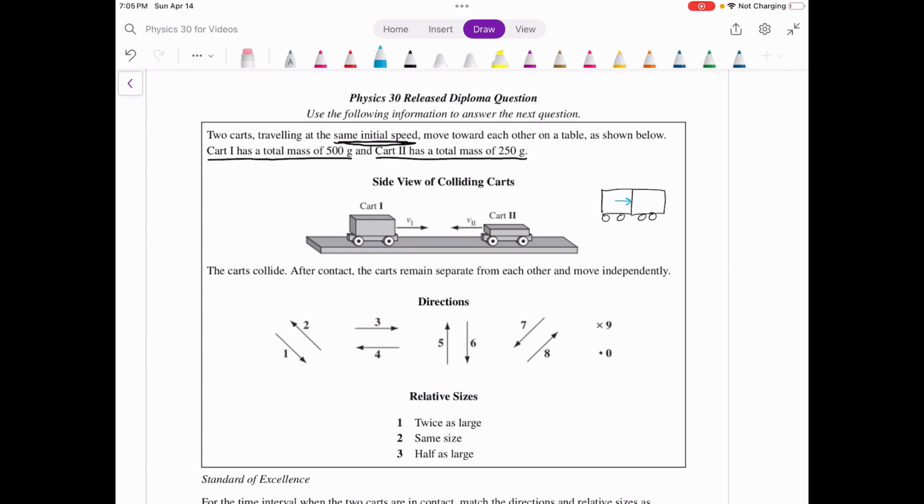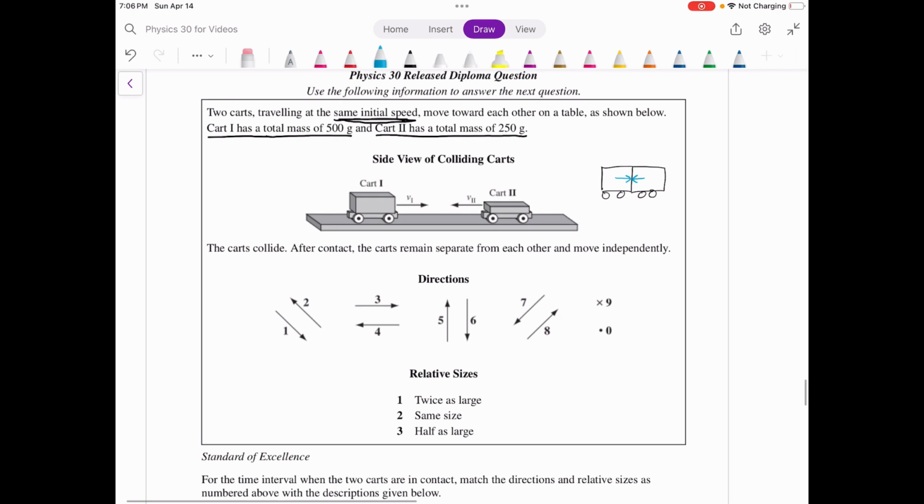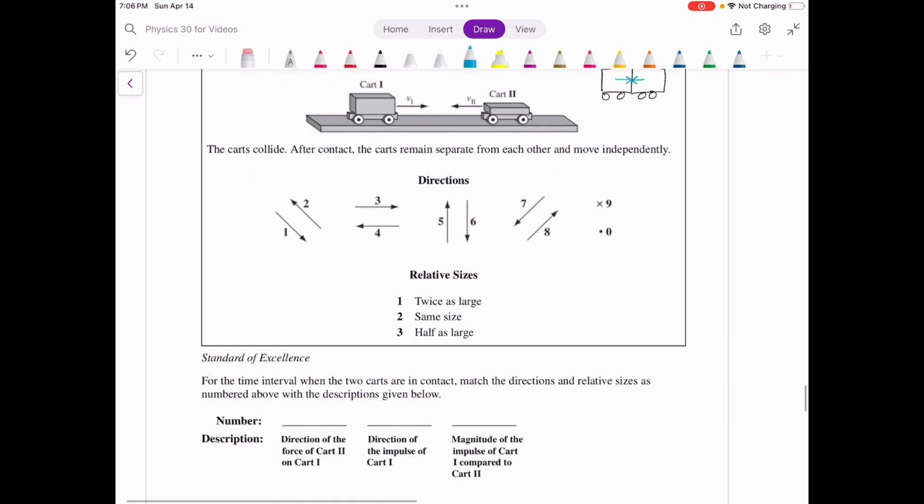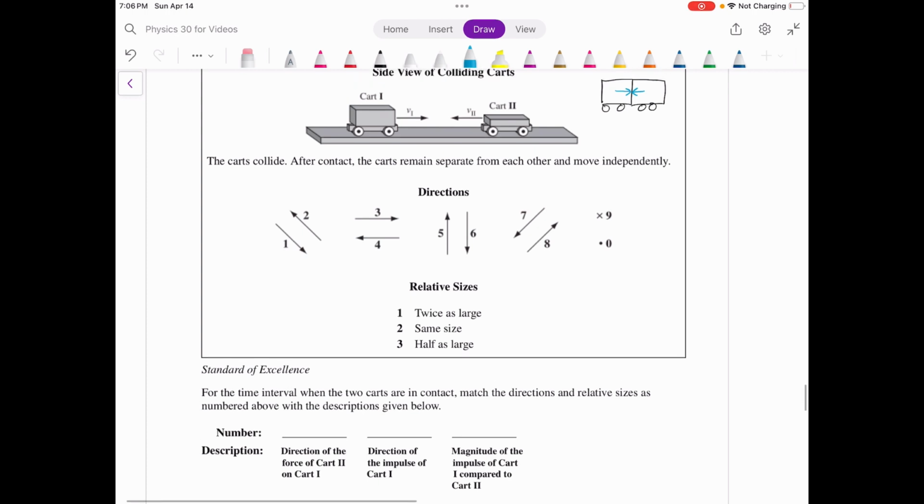So cart 2 is going to push on cart 1 like that, to the left. While they're in contact with each other, cart 2 is going to push cart 1 to the left, while cart 1 pushes cart 2 to the right. So which number direction matches that? Cart 2 on cart 1, right? Cart 2 will be pushing cart 1 to the left, so that looks like option 4.